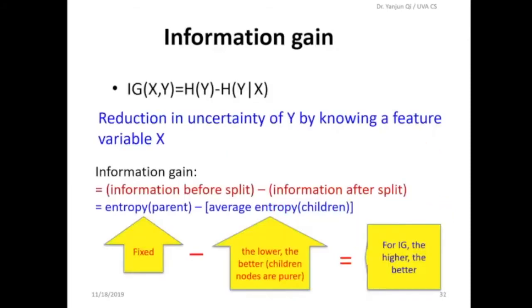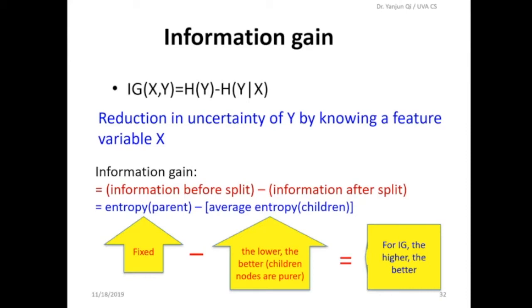All right, so now it's the definition of information gain. Information gain is essentially the reduction in the uncertainty of y by knowing a feature variable x. It's calculated as the entropy of the parent minus the average entropy of all the children nodes.